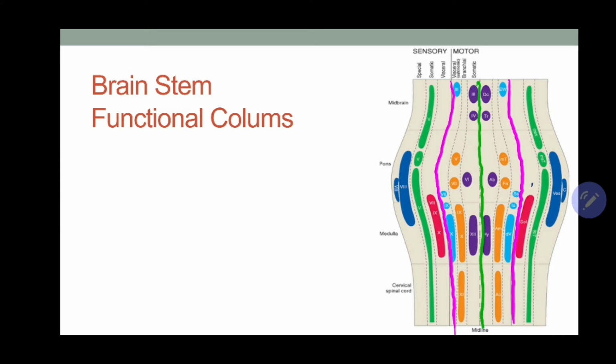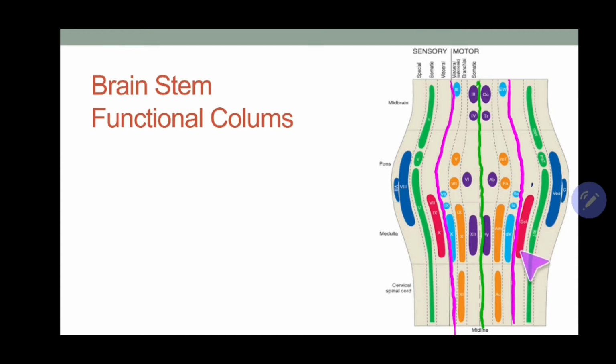Now I'll be talking about these afferent functional columns individually, separately, each of them, right? Remember, there are four functional columns. Medial to lateral, it is general visceral afferent, special visceral afferent.